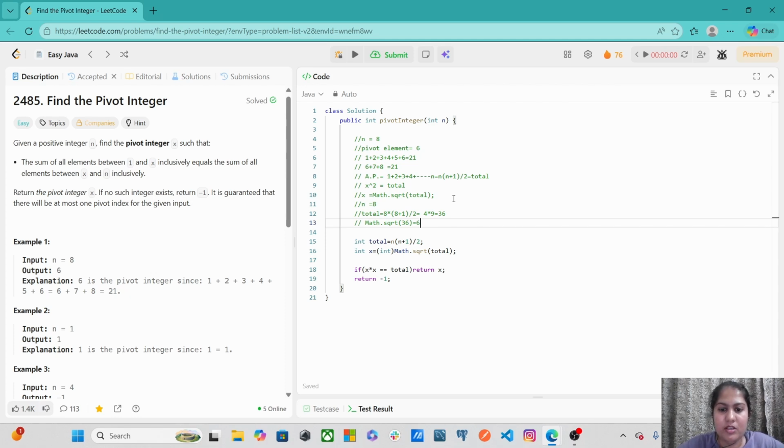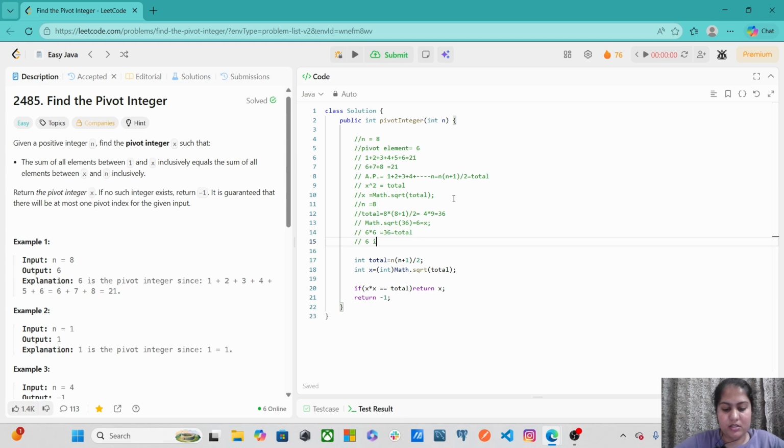If we assume that 6 is the value of x, that is the pivot integer, and I multiply 6 with its own value 6, we get 36. Hence 36 is equal to total. That means 6 is the pivot element. Correct, guys? So this is our logic.